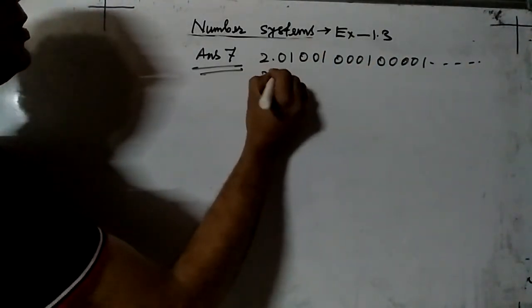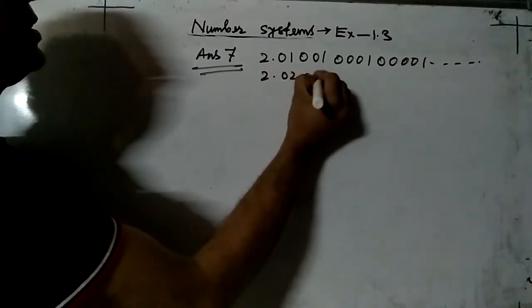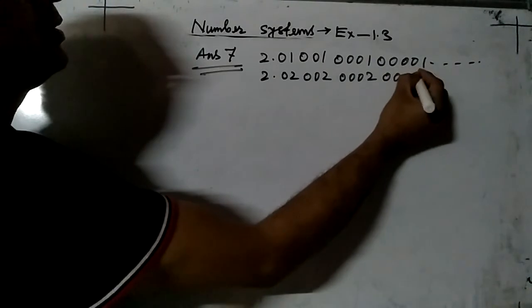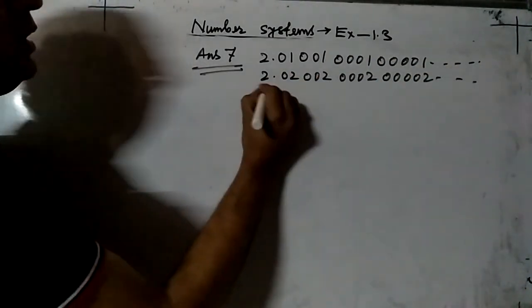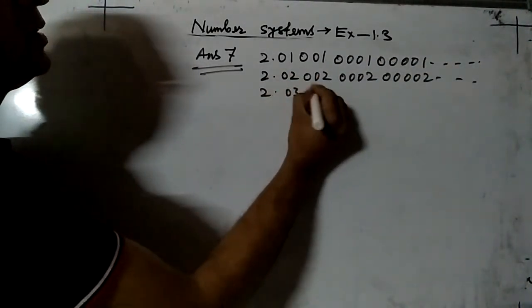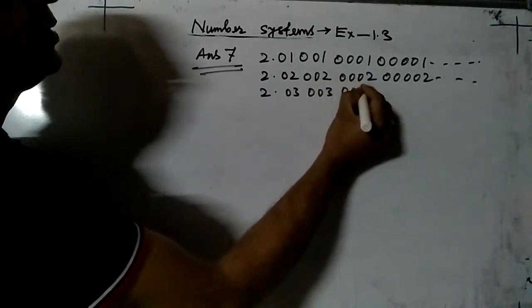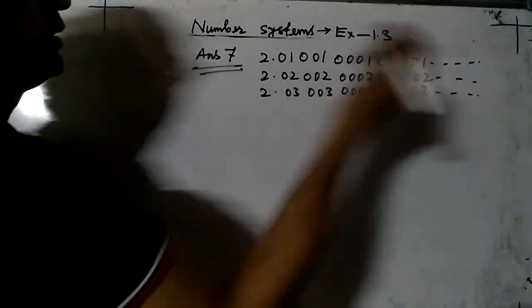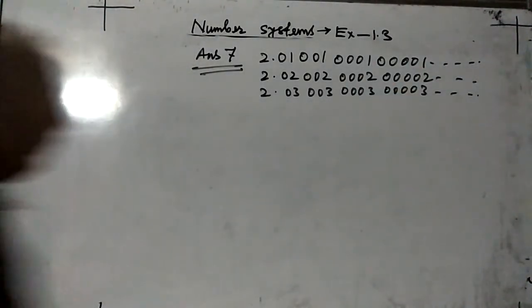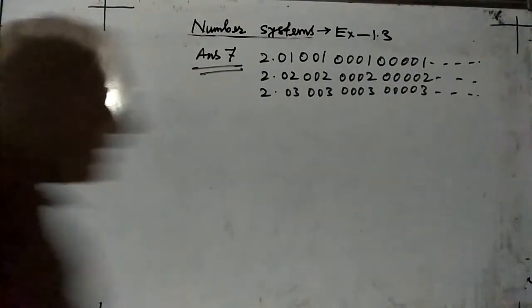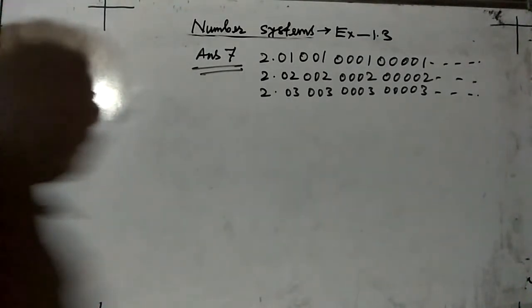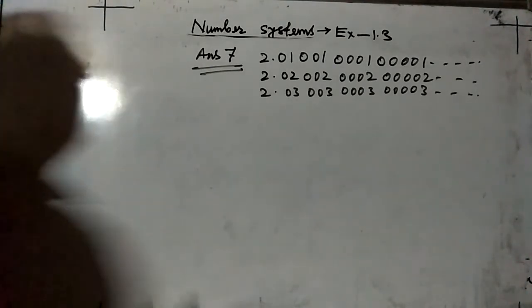Second one, 2.02002 0002 00002, and third is 2.03003 0003 00003, and so on. 3 examples. If they ask for any other example, you can take a number like that and give it as a non-terminating, non-recurring number.